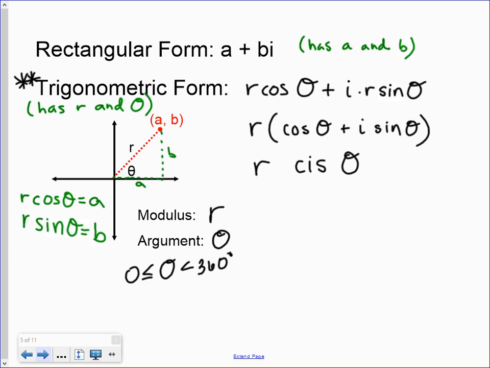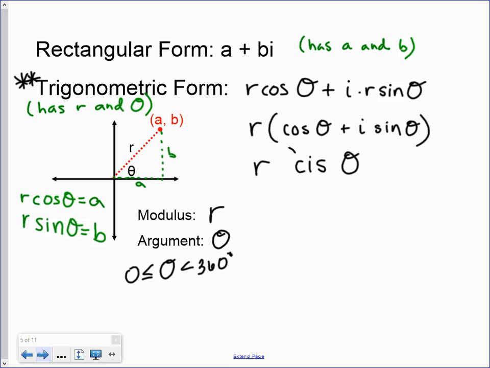R kiss theta. I'm saying kiss because C is for cosine, so it's the heart. Cosine plus I sine theta. That's what kiss is. Note to yourself, kiss is not a new trig function. Okay, there are only 6 trig functions.